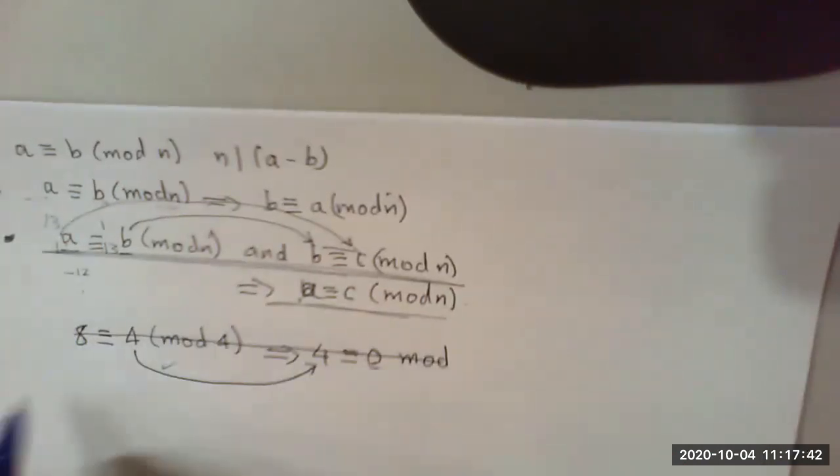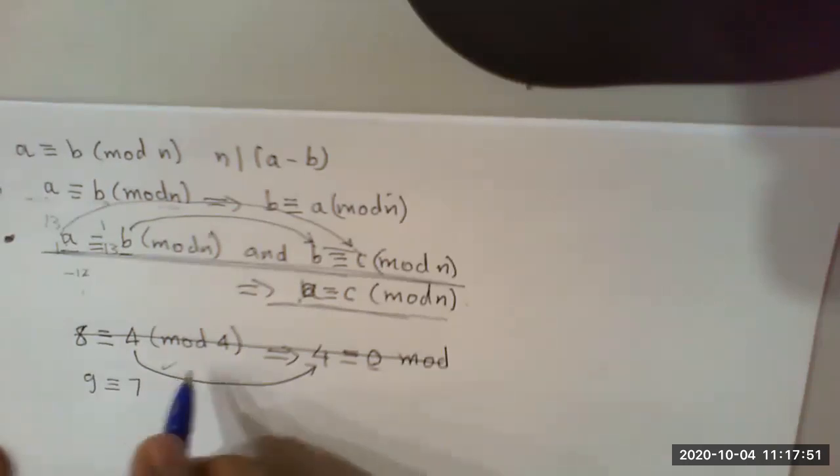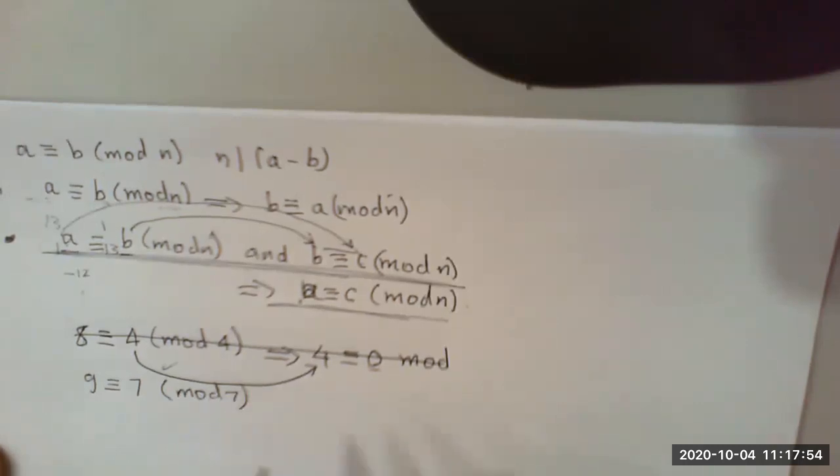Okay, 9 is congruent with 7 mod 7. And 7 is congruent with 14 mod 7. This means 9 is congruent with 14 mod 7.